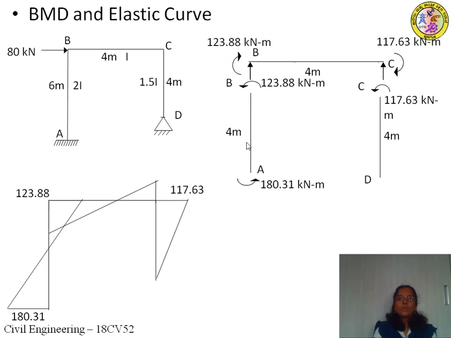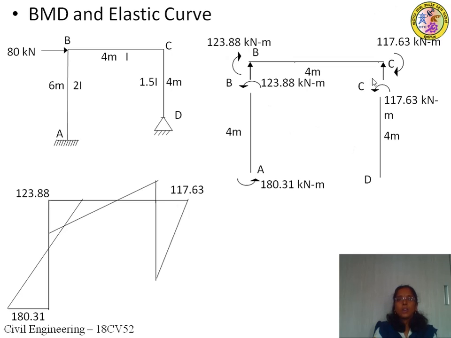So now to superimpose it with the free bending moment diagram, neither AB, BC nor CD are subjected to any member loads. Therefore, the free bending moment diagram will not exist for any of the members. So free bending moment diagram is drawn only for the member loads.